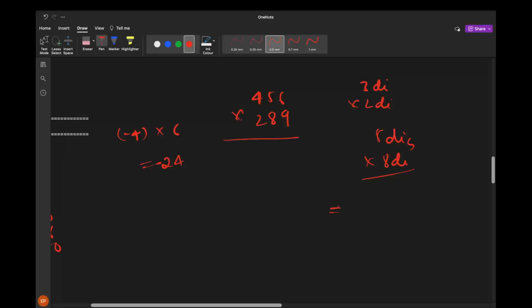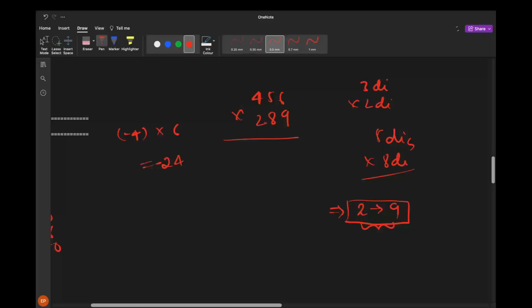But my suggestion is, please try to know the tables from 2 to 9, only 2 to 9. If you are perfect with the 2 to 9 tables, then you can do all operations of mathematics, like addition, subtraction, multiplication, division, anything. This is the minimum requirement.